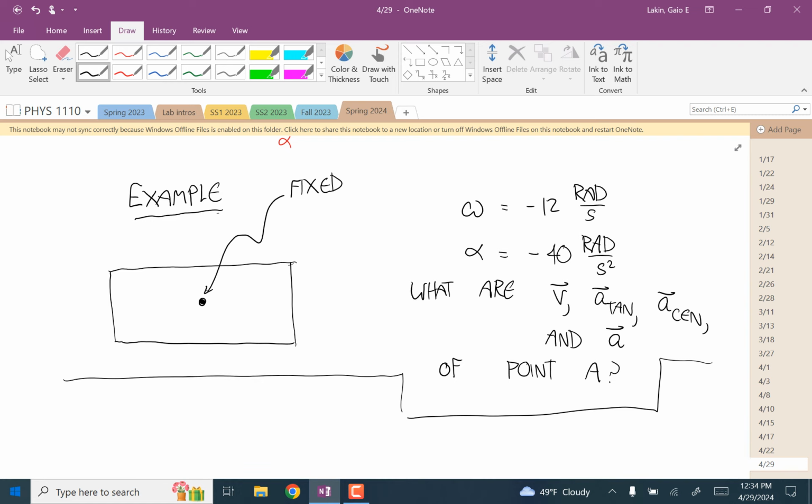Okay, so let's make the point A over here. And we'll say that the distance between those is 0.5 meters.